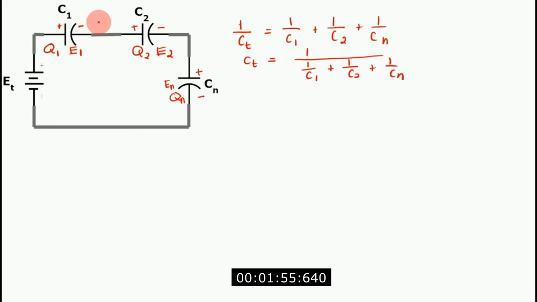When you connect resistors in series, you just add everything, but here we take the inverse of the capacitances, and it equals the inverse of the total capacitance.